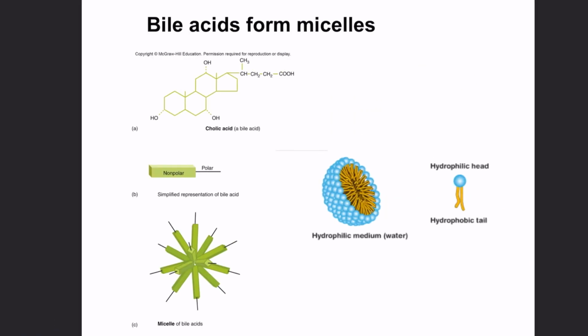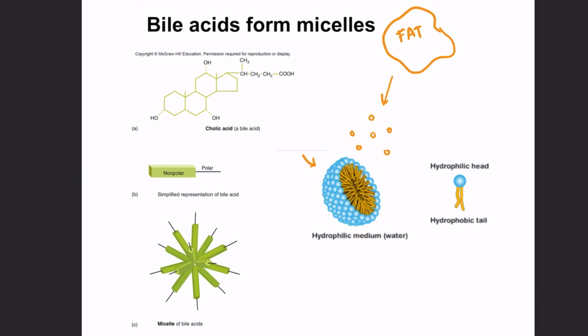So the way that bile works is, say you have a big globule of fat or oil. What it does is it emulsifies fats. And the way that it does this is it takes large globules of fat and makes them into smaller globules of fat by mixing them with these bile acids.